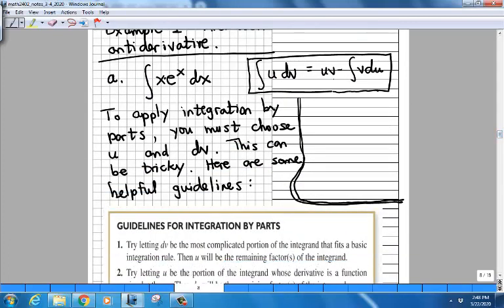All right, so here's our first example. We're going to try to now find the antiderivative of x times e to the x. This is an antiderivative that we have not been able to find so far in the class.